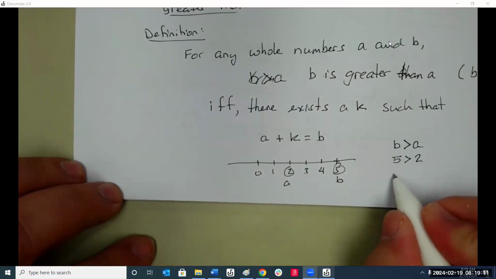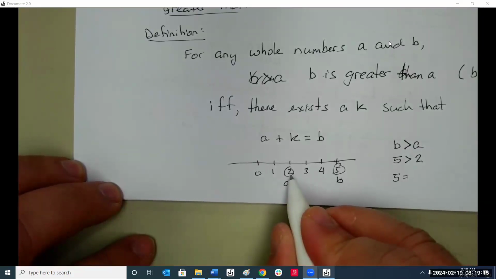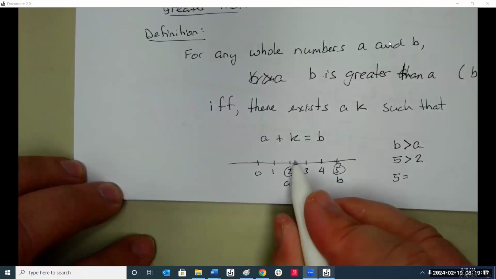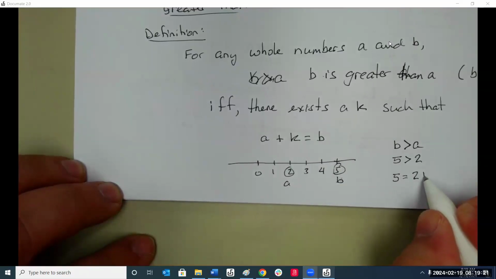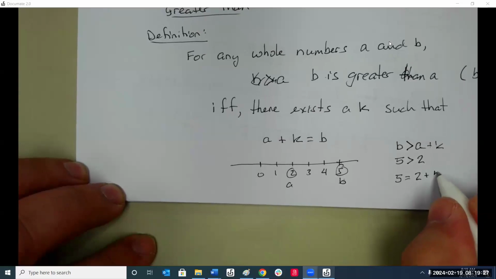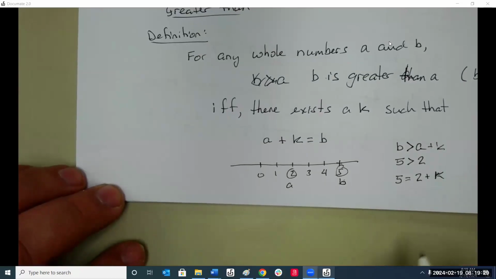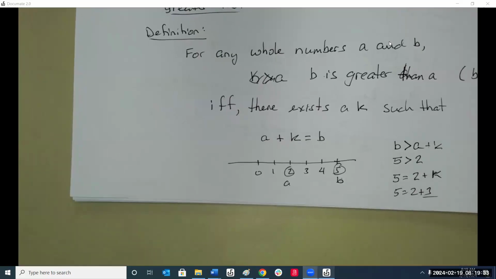Let's see. To get to 5, what do I have to do? I have to add something to A? 1, 2, 3. So yes, 5 equals 2 plus 3.